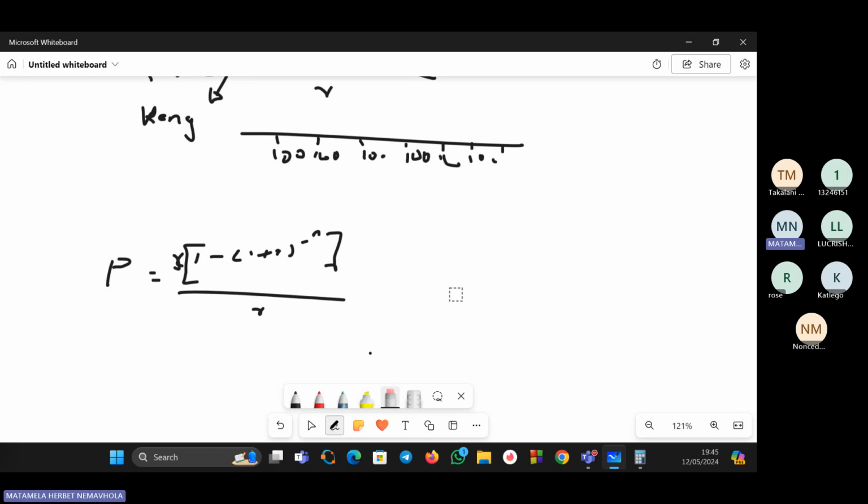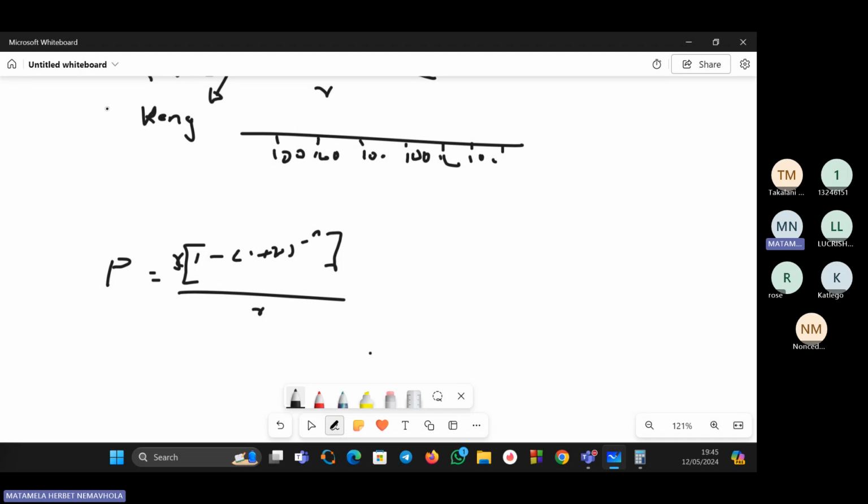They will try by all means to be tricky. But as long as you understand that when you're working with loans, this is the formula. This is R there. I see that it's very small. Let me just write it properly. That's R there.